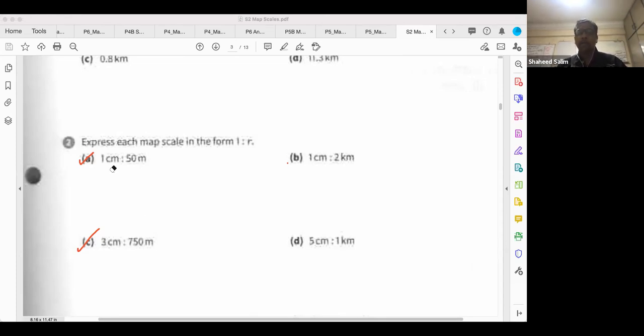Remember, I don't know what this is. This must use the same units. So your cm here, change this all to cm. Then you will be able to know what the ratio is. Okay, Ryan, you got to change this to cm first. Meters to cm, then you take the number.